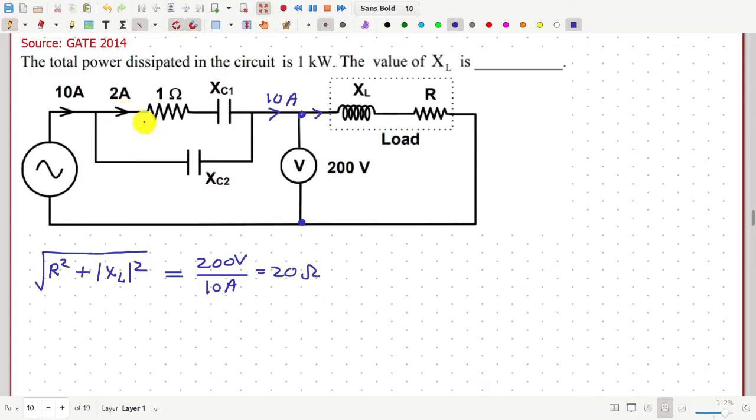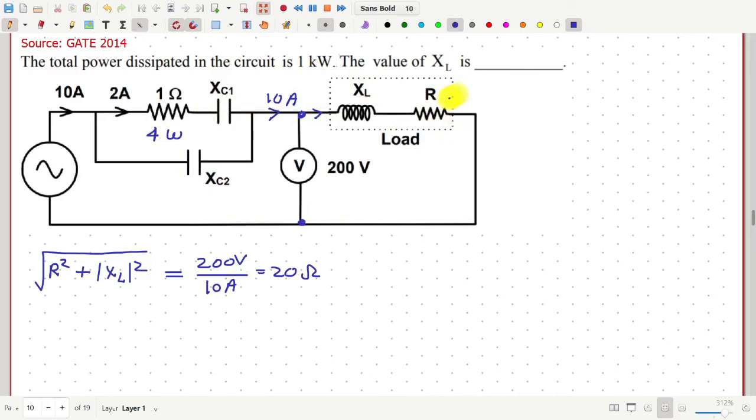Then the power consumed by this resistance is 2 ampere squared into 1, so 4 watt power is consumed here, but the total power consumed is 1000 watt.